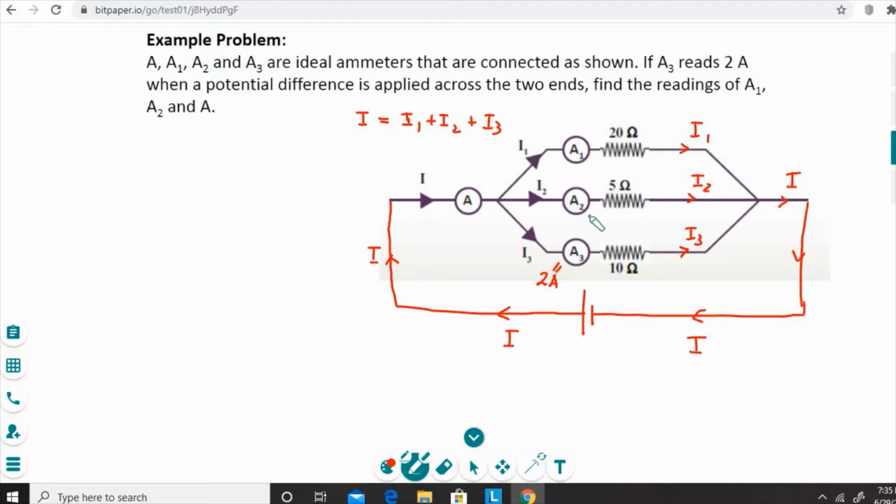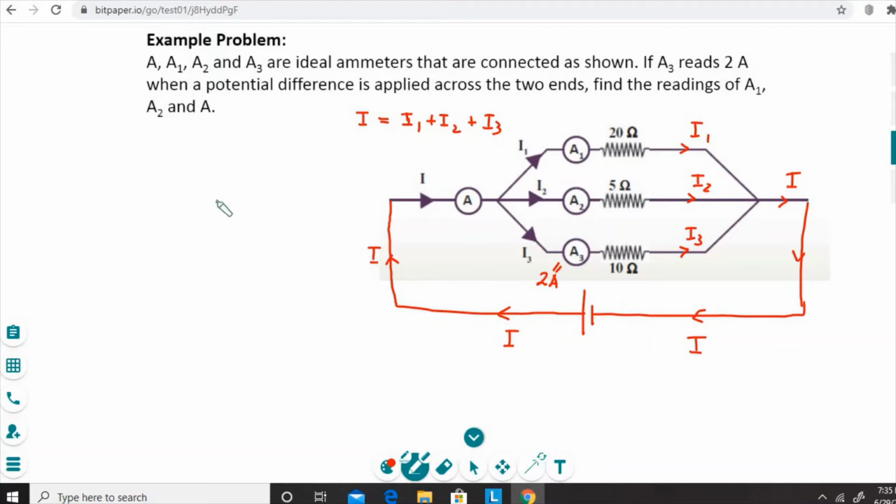For that, I'm going to use the previous result that I obtained, the ratio between the currents and the resistors. I told you that when resistors are connected in parallel, there's a current divider. It's a current divider circuit. Parallel connections of resistors are current divider circuits.